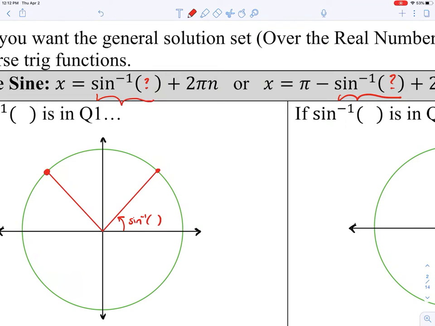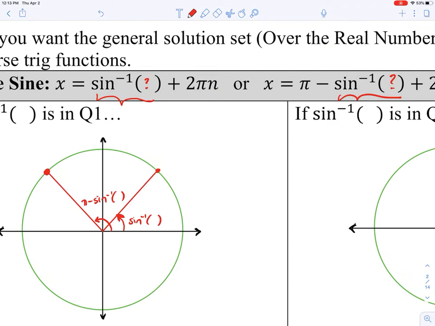Pi minus inverse sine would be that angle reflected over the y-axis. So that angle would be pi minus inverse sine of a positive ratio. Okay, sine's positive in quadrant 1 and quadrant 2.